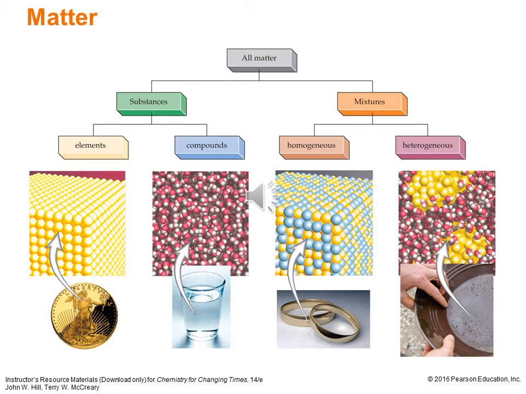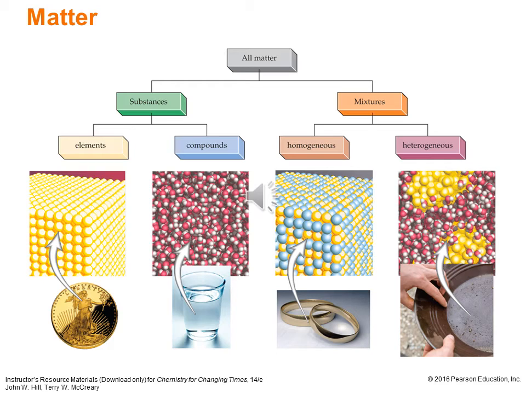So the pure substances would either be elements or compounds, where the entire sample is the same thing throughout, whether that's gold, like our gold coin, or whether that's water molecules, like our glass of water. Well, that would steer us in the direction of elements, which we only have about 118 of to date, or compounds, which we have many, many billions of to consider.